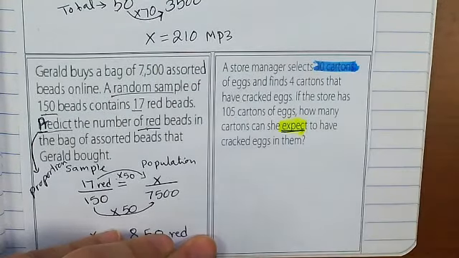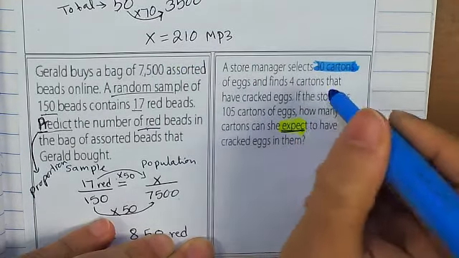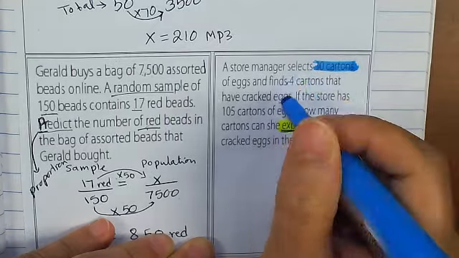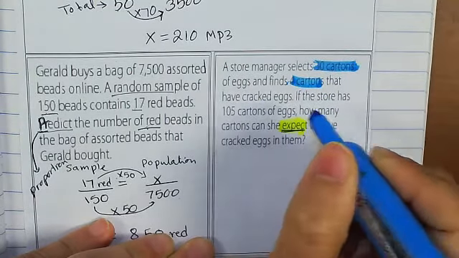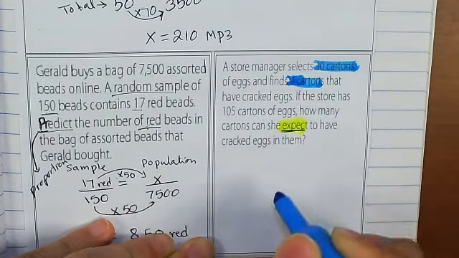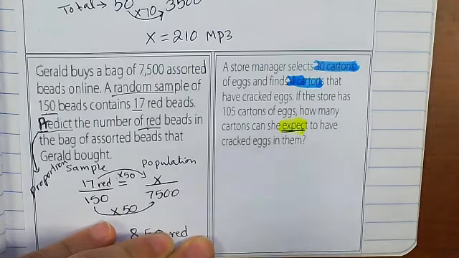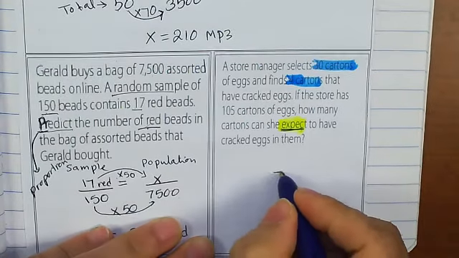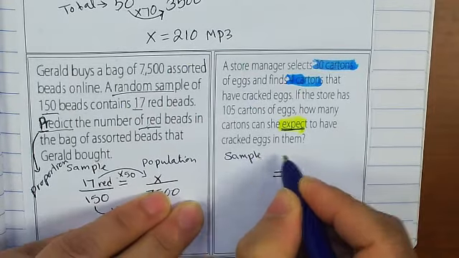The other thing, notice that we have cartons. So we have cartons, and then we have 4 cartons, and then we have cracked eggs, 4 cracked eggs. Okay, so we're going to make the proportion.